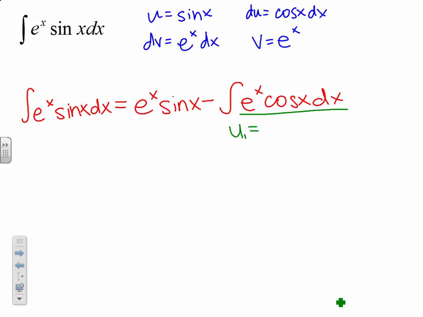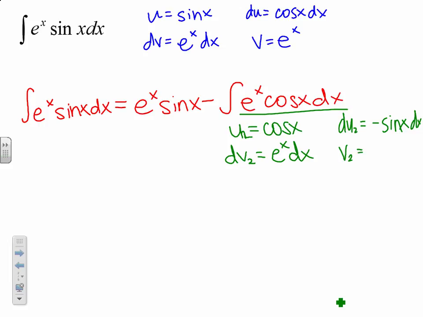Just to keep consistent, I'm going to call u cosine of x and dv e to the x dx. I put subscripts just because this is a different round. So du is what? Negative sine of x dx, and v is e to the x.